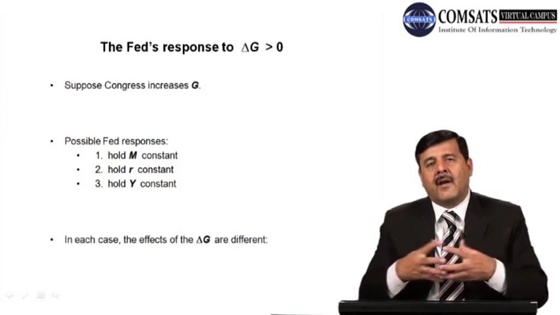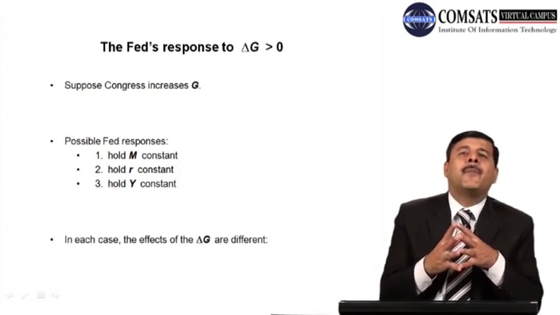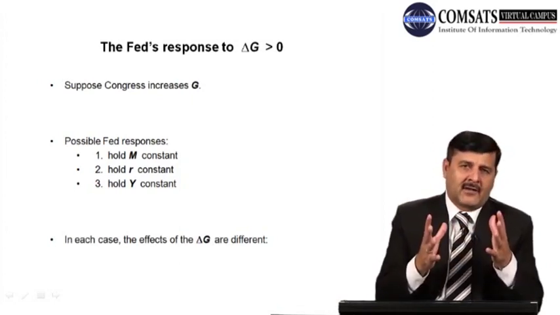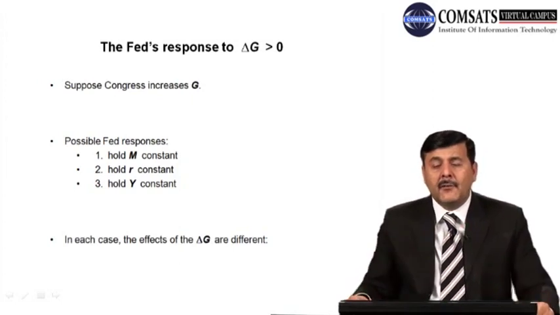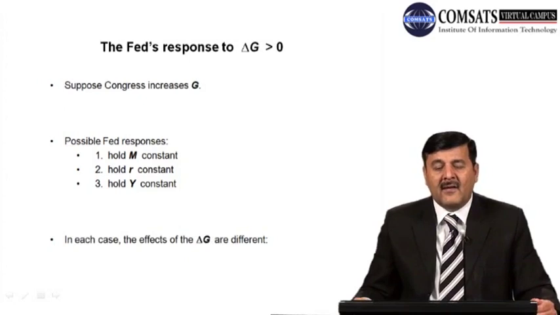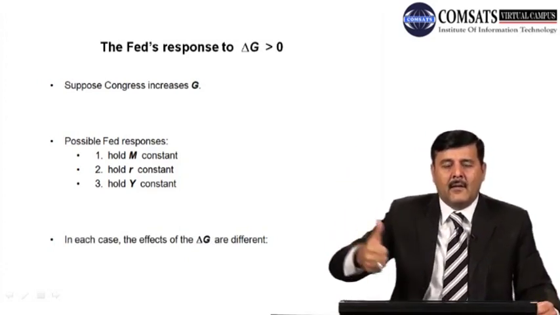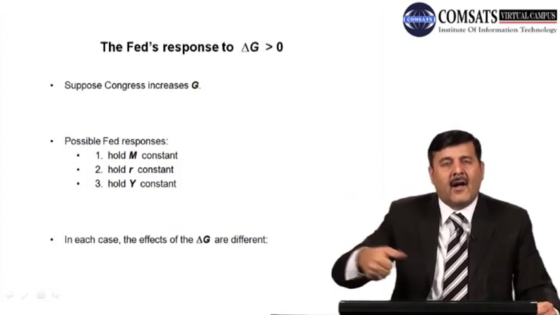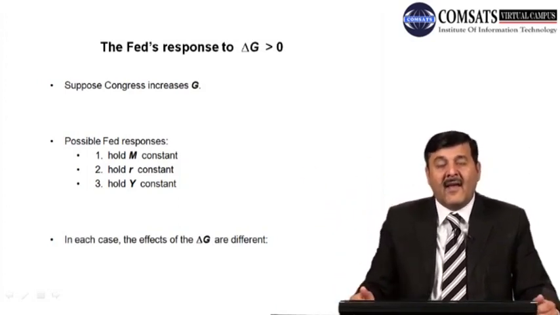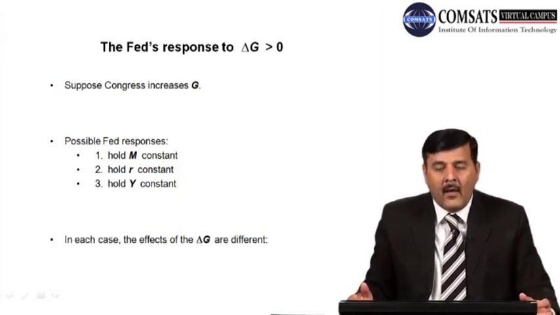Now if the Federal Bank wants to respond to that policy, अब फेडरल बैंक किस चीज का रिस्पॉन्सिबल होता है? सेंट्रल बैंक रिस्पॉन्सिबल है मॉनेटरी पॉलिसी का, राइट? अब ड्यू टू चेंज इन गवर्नमेंट स्पेंडिंग फेड उसको रिस्पॉन्ड करता है. Suppose Congress increases G, now the government increases G, possible Fed response क्या हो सकता है? Either they should hold M constant, they should hold r constant, or should hold Y constant. In each case the effect of delta G is different.